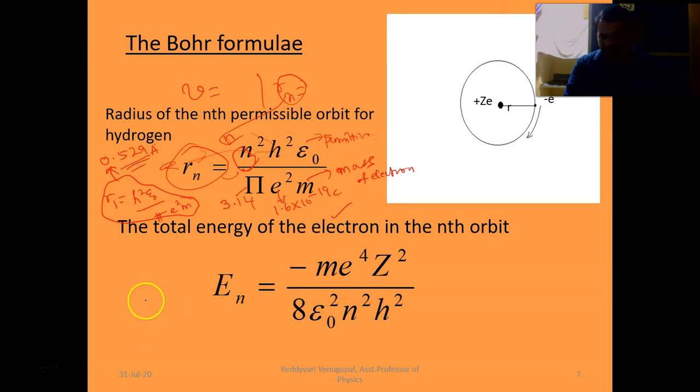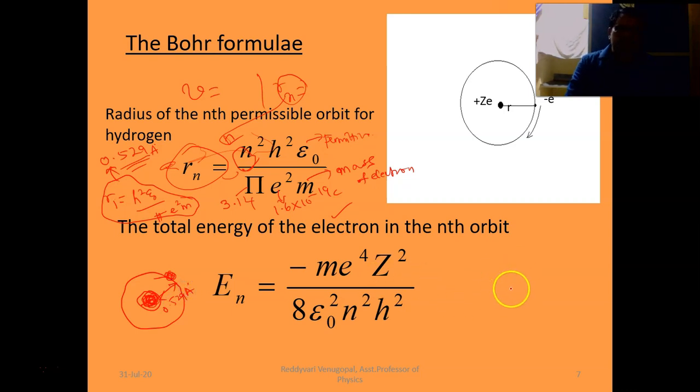If you take a hydrogen atom, its nucleus will be there. This is the first orbit. In the nucleus only one proton will be there, and in the first orbit one electron will be revolving around the nucleus. This radius value is 0.529 angstroms.